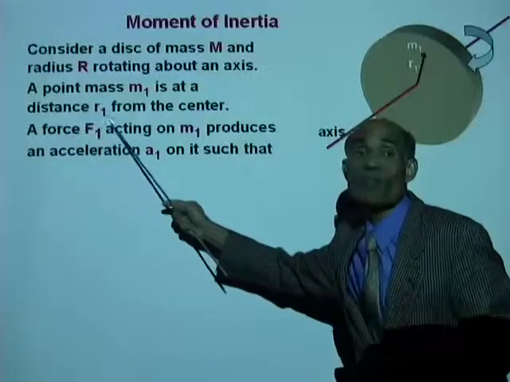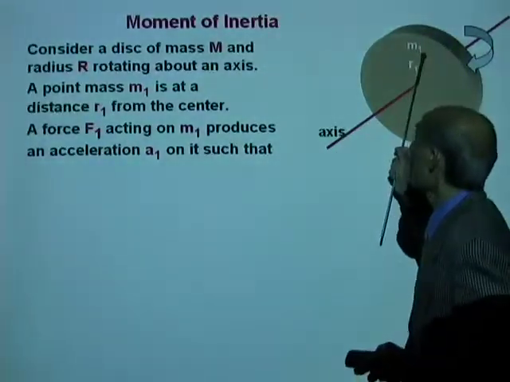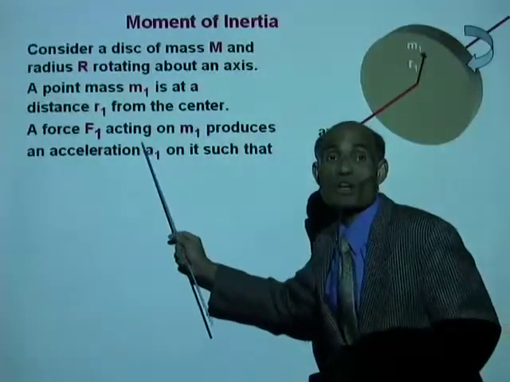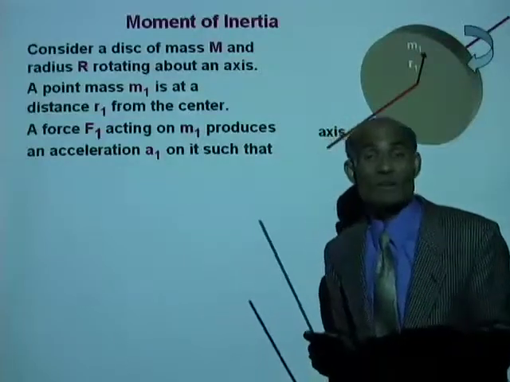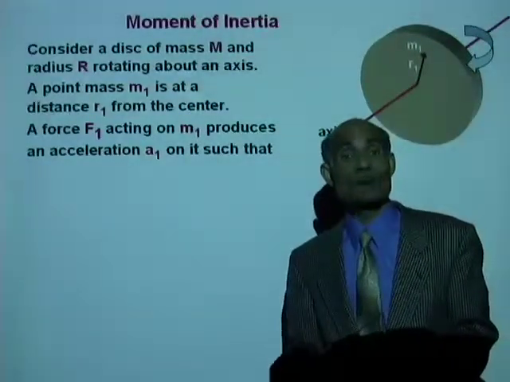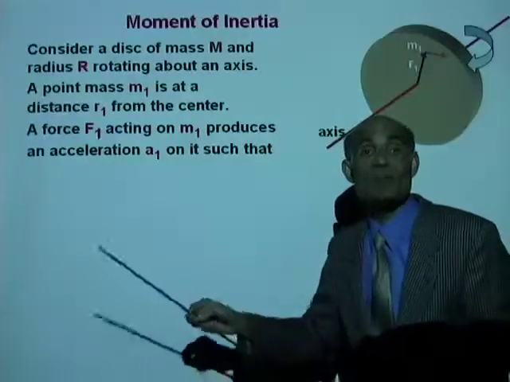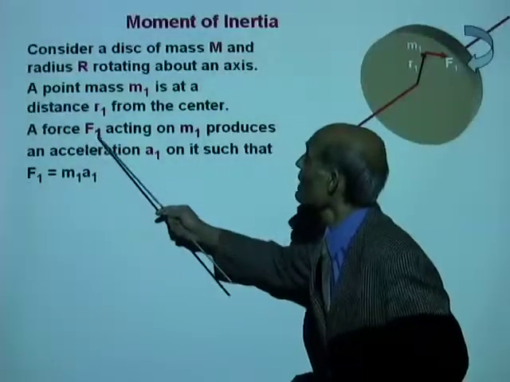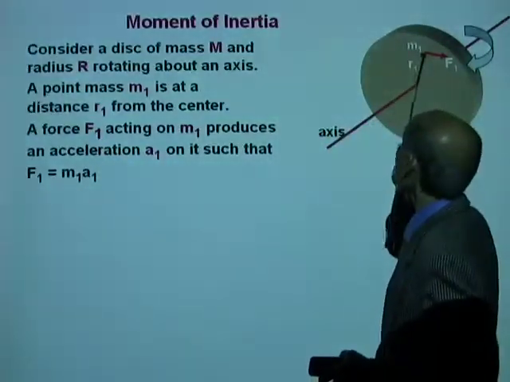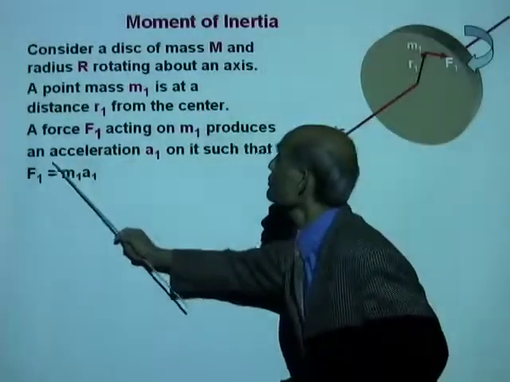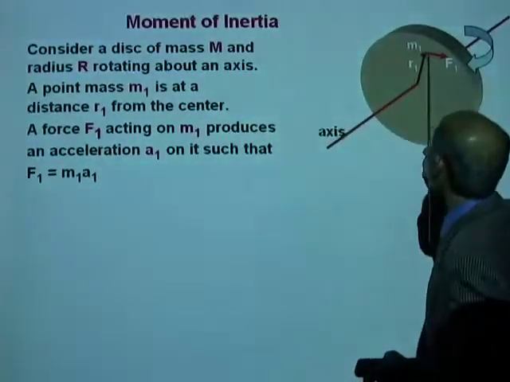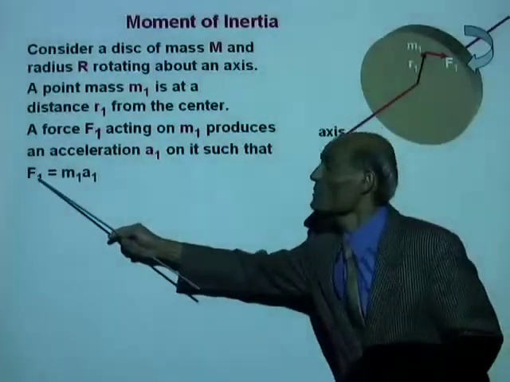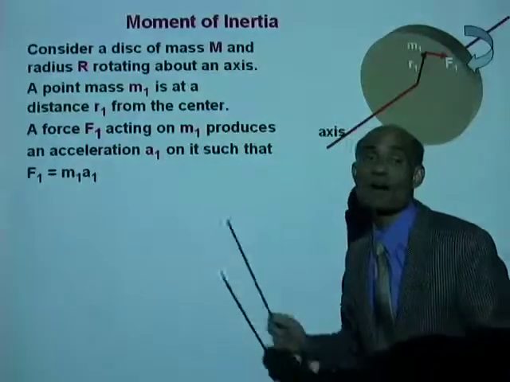If a force F1 is acting on that mass m1, that force F1 will produce on it an acceleration a1 according to Newton's second law of motion, F net equal to ma. Is that right? So the force F1 acting on this mass m1 produces an acceleration a1, given by F1 equal to m1 a1.